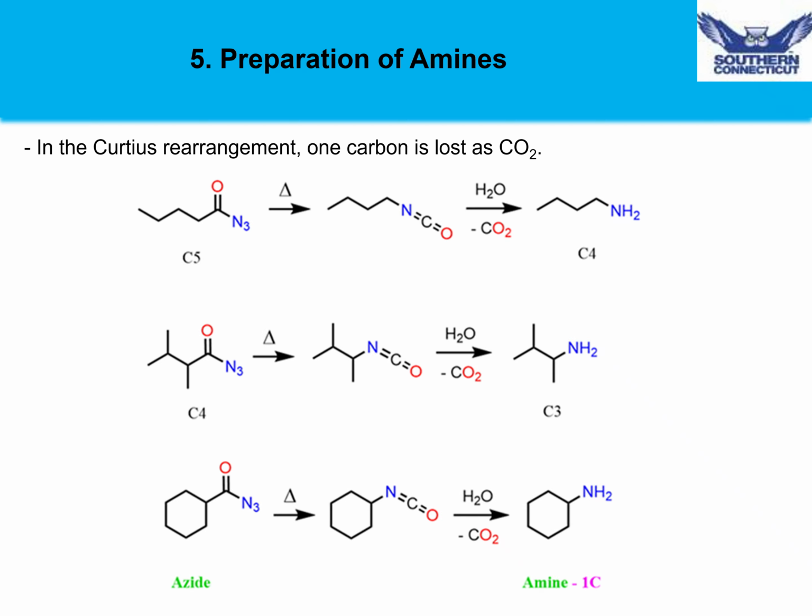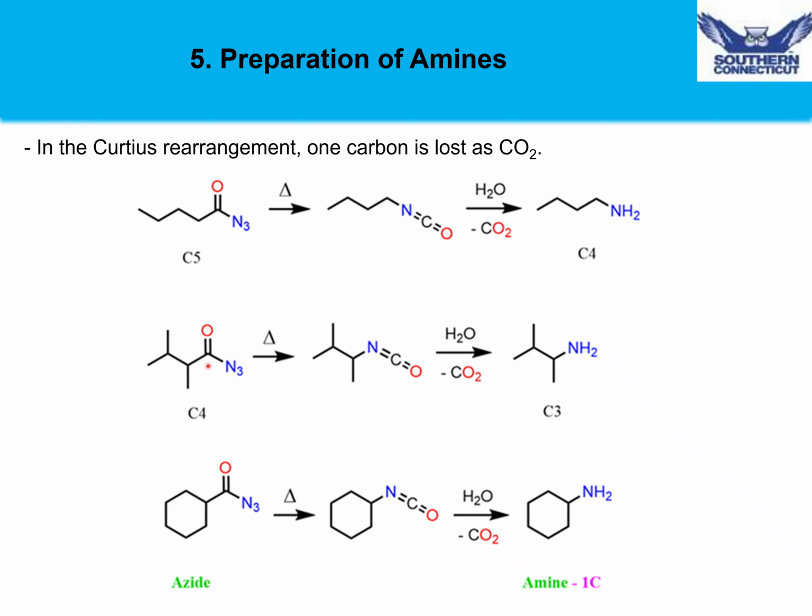Similarly to the Hofmann rearrangement, the Curtius rearrangement always leads to the loss of one carbon as a CO2 molecule. If we start off with an acyl azide that has 5 carbons and we heat it, we'll get an isocyanate, and then water will react with the isocyanate to lead to the loss of CO2 and an amine that has only 4 carbons, as this example shows, since we lost one carbon as a CO2 molecule.